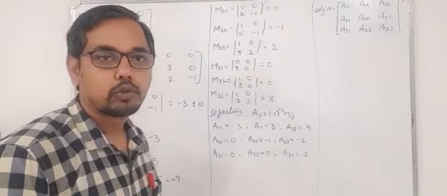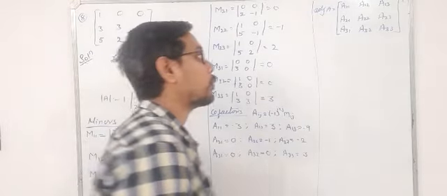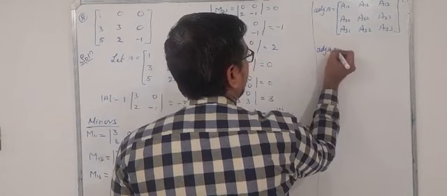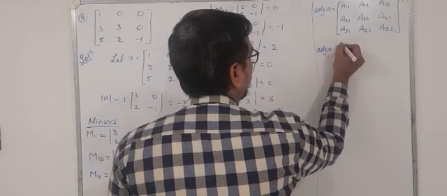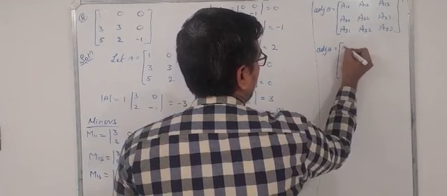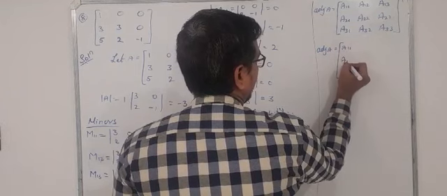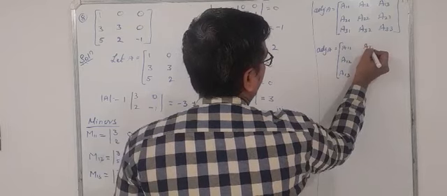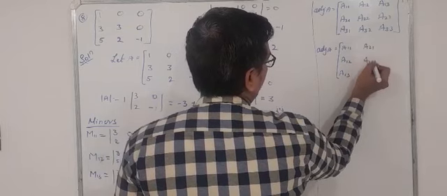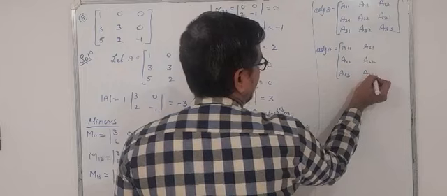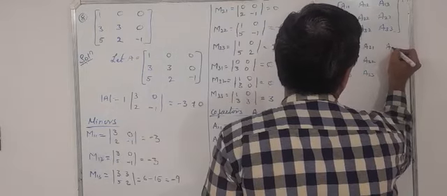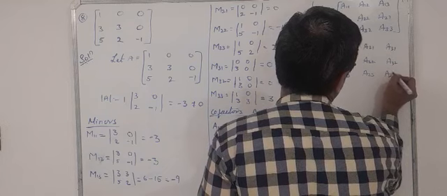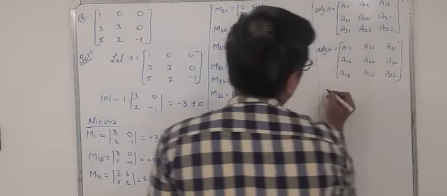We should not forget to write the transpose. Then adjoint of A will be equal to the matrix A11, A12, A13, A21, A22, A23, A31, A32, A33.